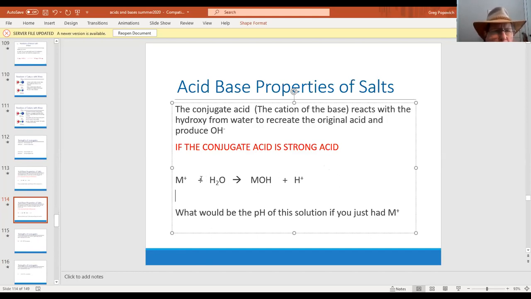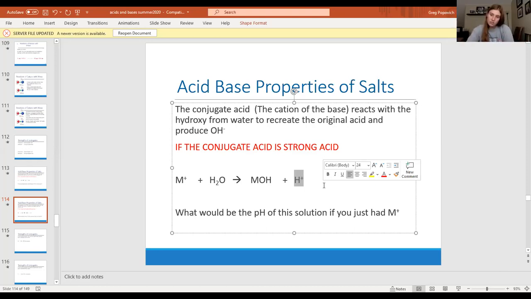So if I have a strong conjugate acid, I'm generating H+. Which way does the pH go? I'm generating H+, guys. Is that an acid or a base? Acid. So what's my pH going to be, Jenna? Less than 7.